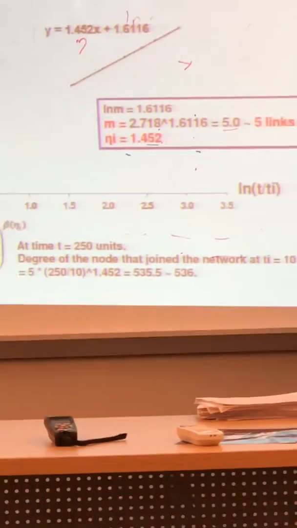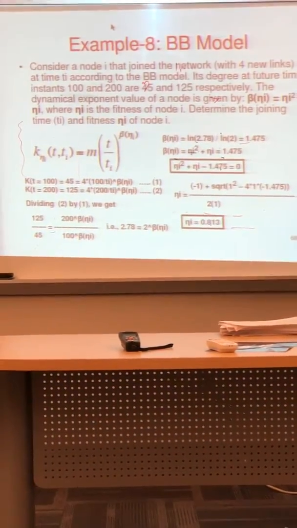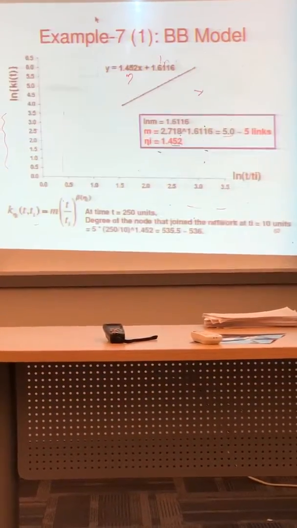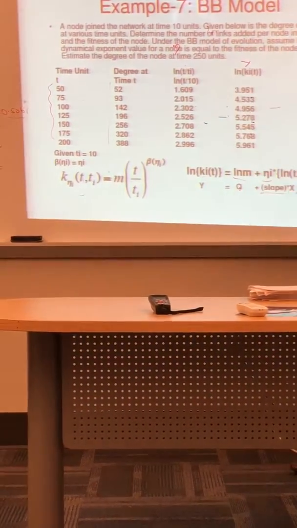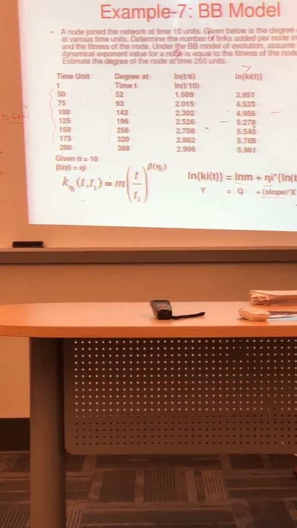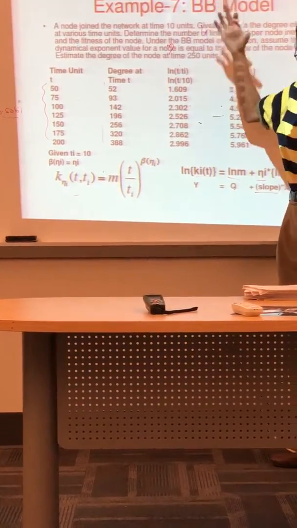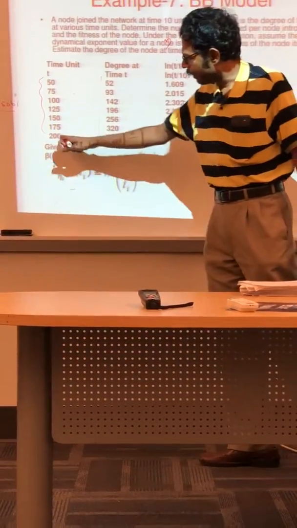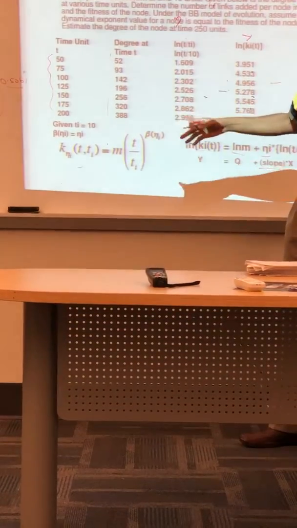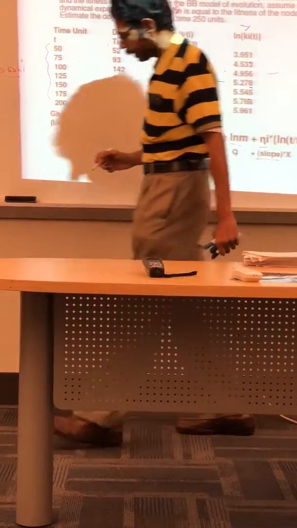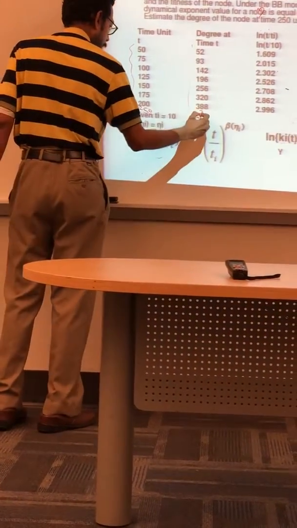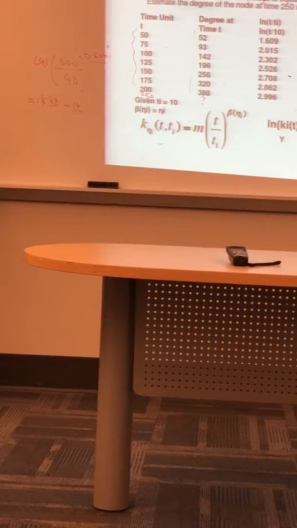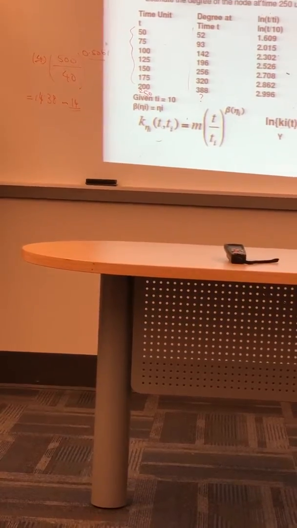Now again, you can validate by doing something like this. Estimate the degree of the node at time 250 units. The joining time is still 10, the same node. And you're given the degree of the node until time 200. So you want to find what would be its degree at time 250 units. Let us do that.